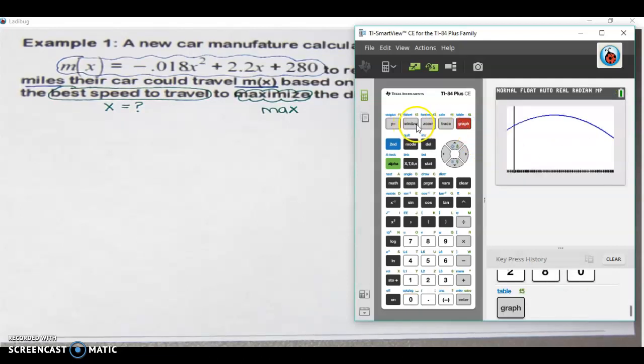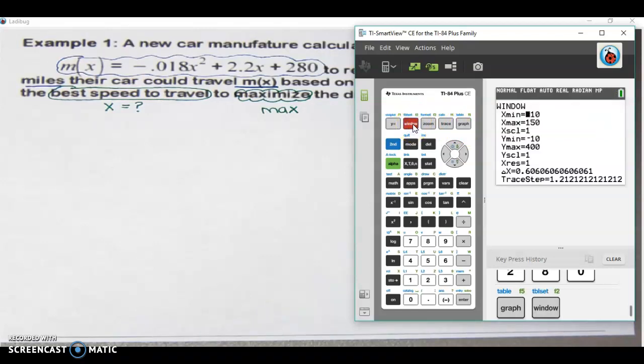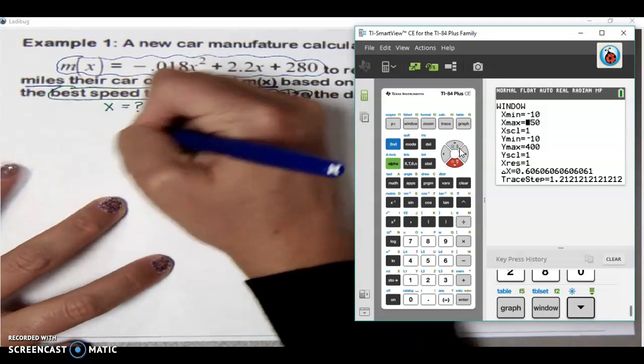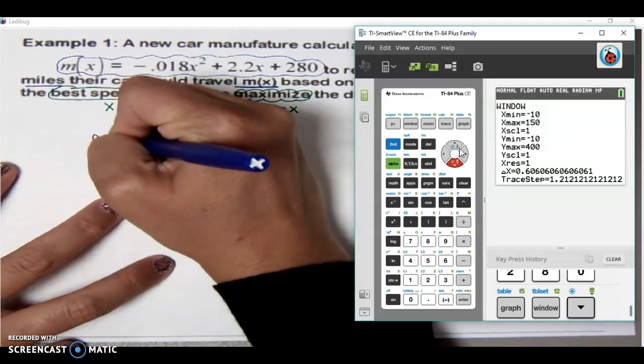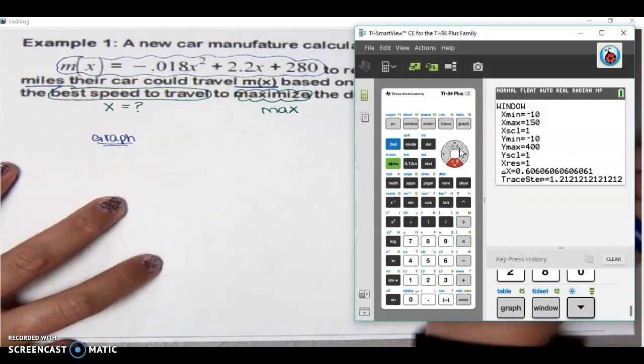Now, I had already fixed my window, so that's why yours is probably not showing up. But on most of these problems, you're going to have to fix your window so that you can see the graph. A lot of times, either part of the graph will show up, or sometimes you can't even see anything. So let's go ahead and make a note. We graph, because our goal is to find the max here.